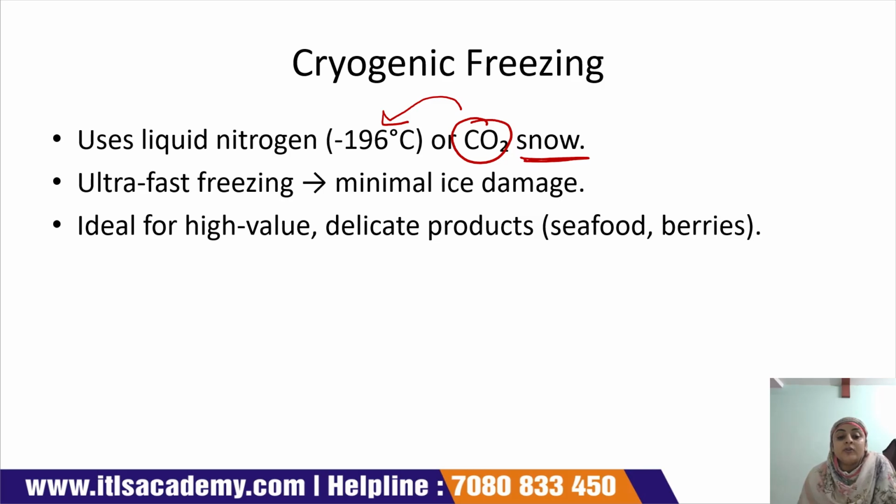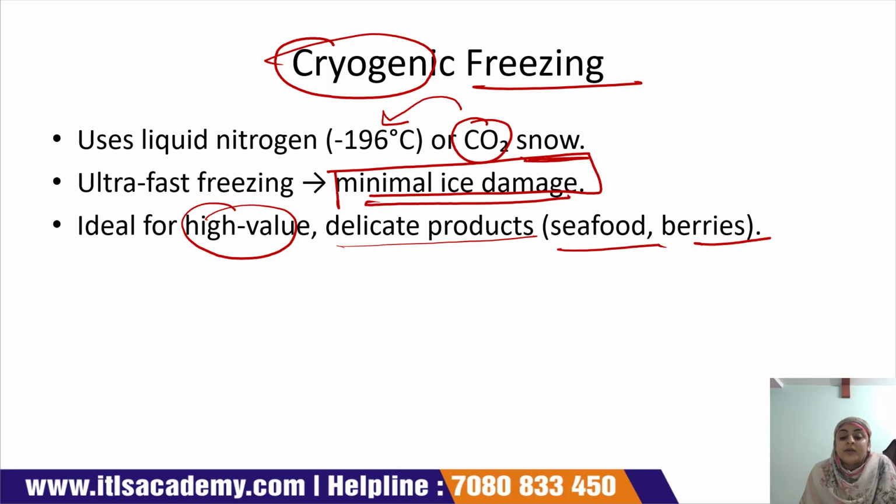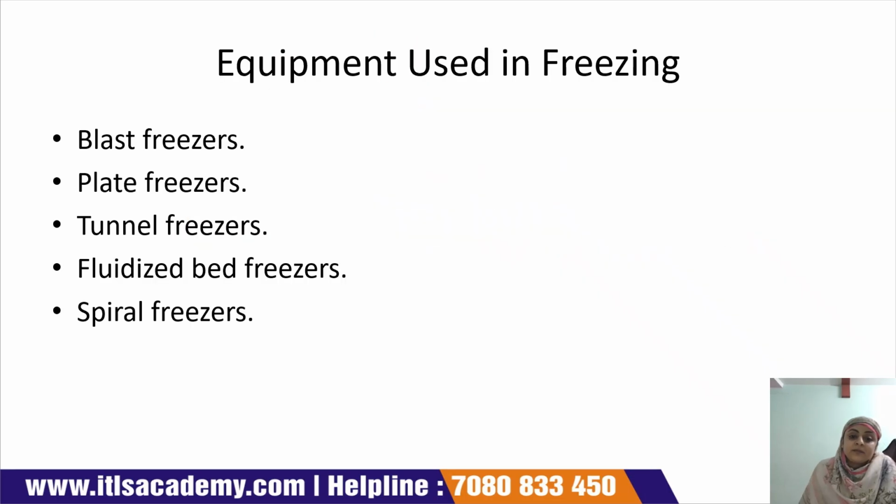This is also known as an ultra fast freezing method, which gives minimal ice damage when we preserve the food product, so it is very ideal for high value or delicate food products like seafoods and berries. You can preserve these food products by the cryogenic freezing method.